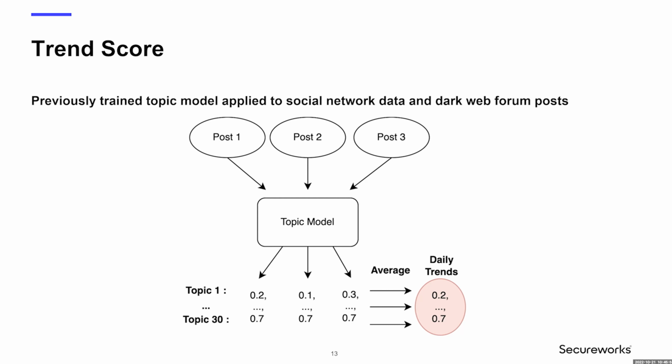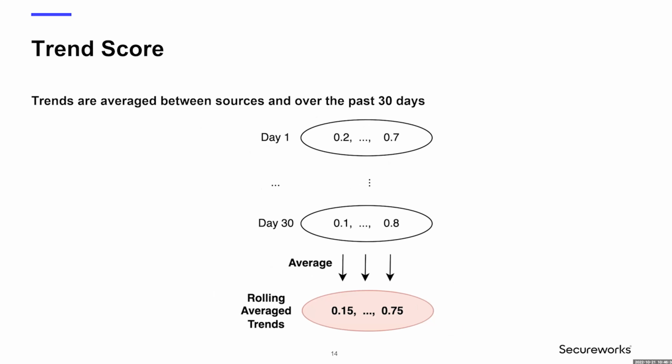We apply the topic model to all of these posts, essentially getting a vector of 30 for every post where the numbers are which topics are relevant to this specific post. We average the whole lot to get a final average vector of which of the topics of our vulnerability topic model are currently trending in online InfoSec discussions. This is what we call the trends. And we average these over 30 days to get more stable trends, so we do a rolling average.